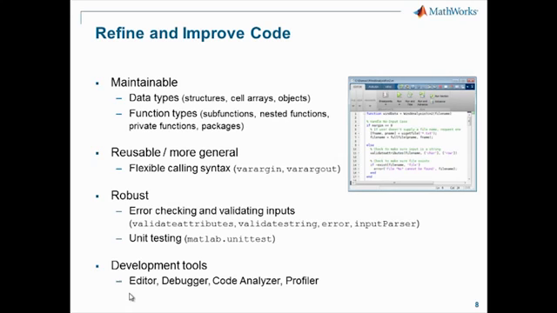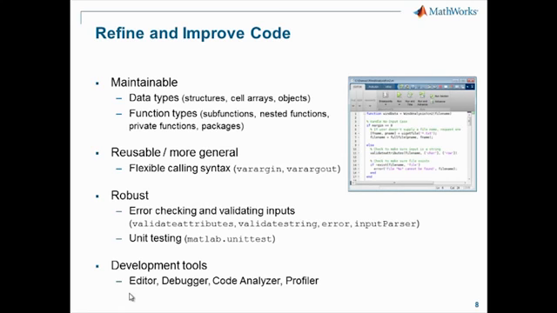I've showed you using a certain data type, a structure, already. There's other things you can use like cell arrays, and objects is not a topic I'm really covering today. And you can also use different function types, and I haven't had a chance to talk about those today, but they really make your code much easier to maintain and read for the future, whether you're passing it along to someone else or you are the person who has to read it again 3 months from now.